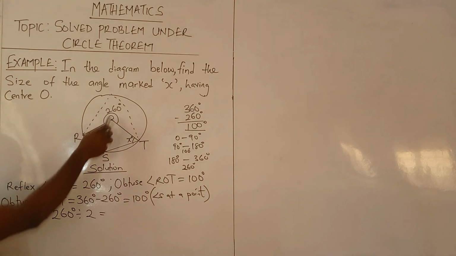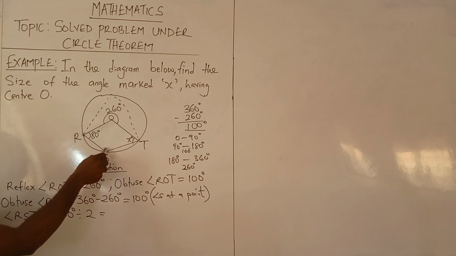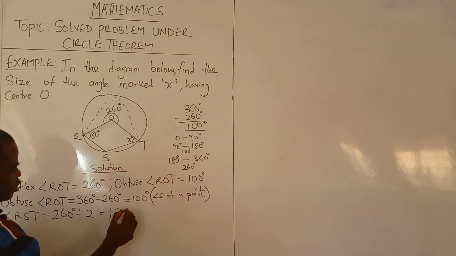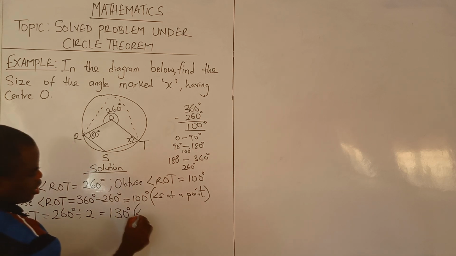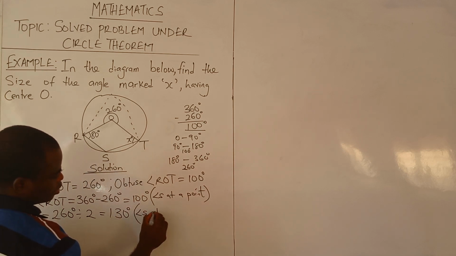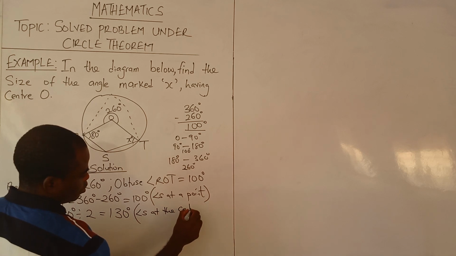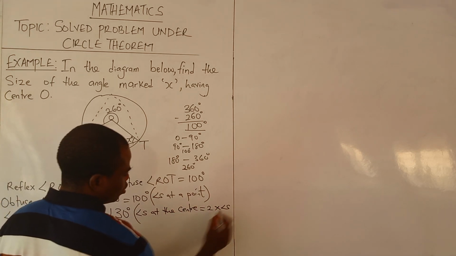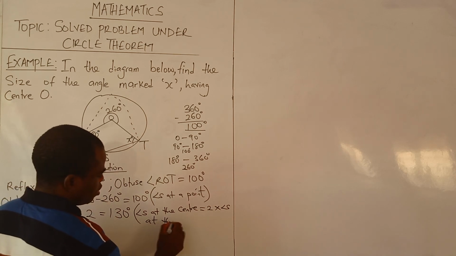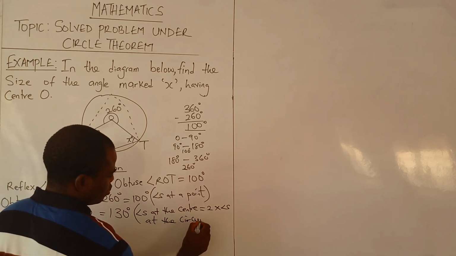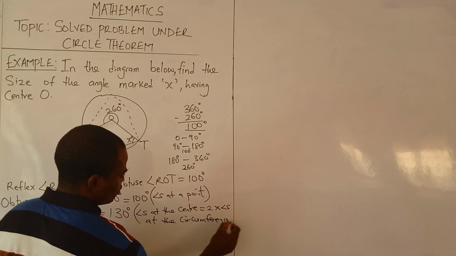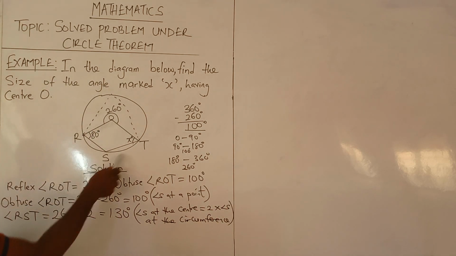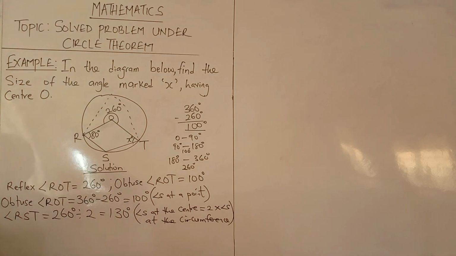This angle, when divided by 2, gives us 130 degrees. What's the reason? Angle at the center equals 2 times angle at the circumference. Okay, this angle RST is 130 degrees.